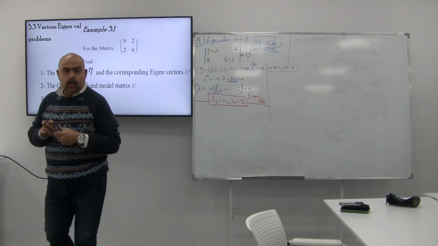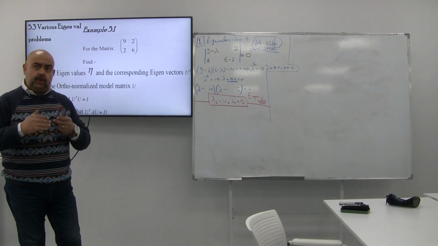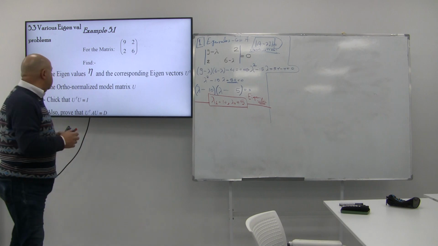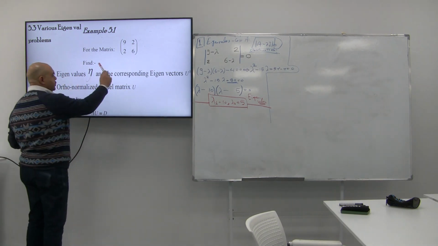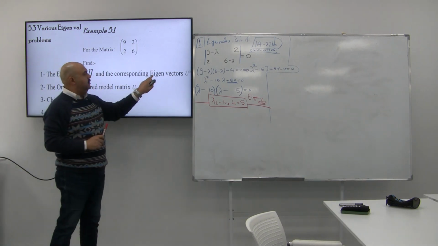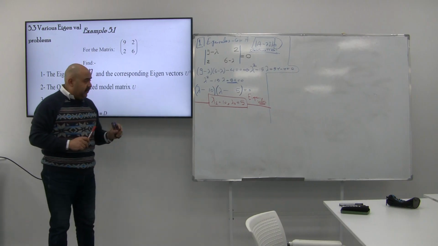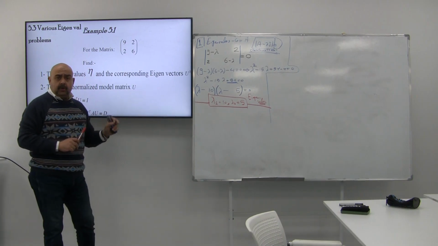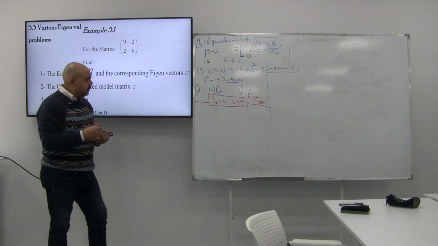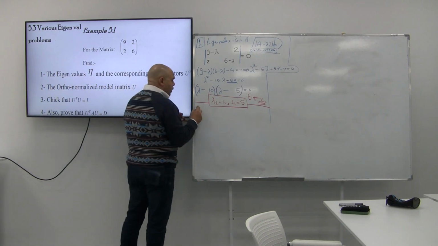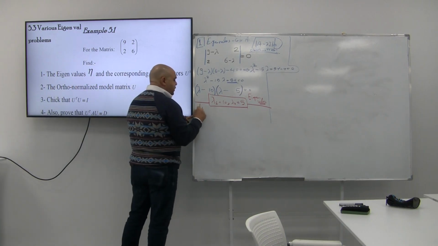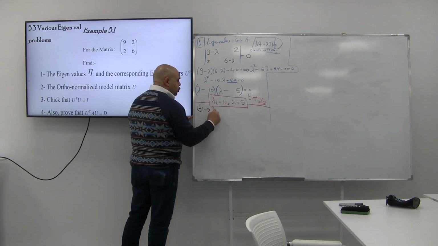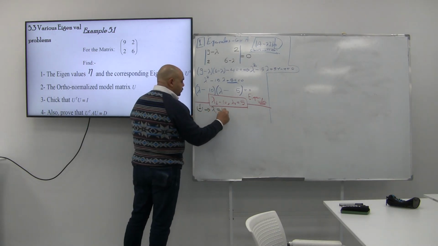Now, corresponding to each one of these eigenvalues, this part is okay. I will now go to get the corresponding eigenvectors for each of these eigenvalues. I will start with getting u1, which is the first vector, which corresponds to lambda 1 equal to 10.